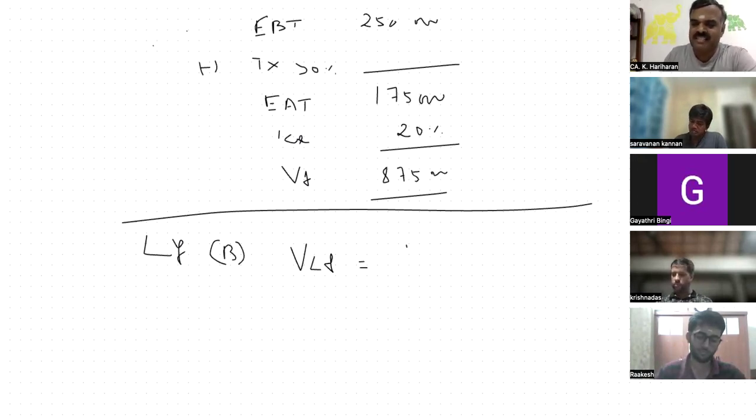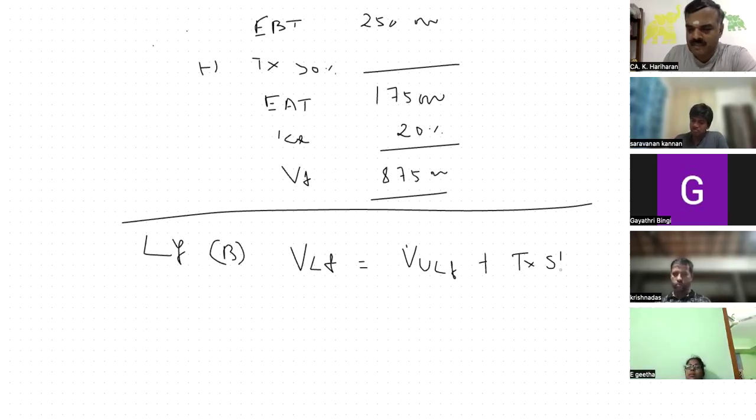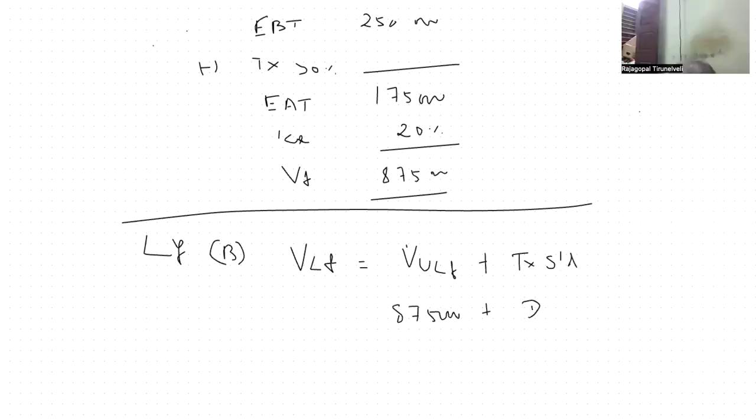How to identify the tax shield? Debt into tax rate. In the levered firm, how much is the debt fund? 10 lakhs. 10 lakhs at 12%. And the tax rate is 30%. 10 lakhs into 30% is 3 lakhs.